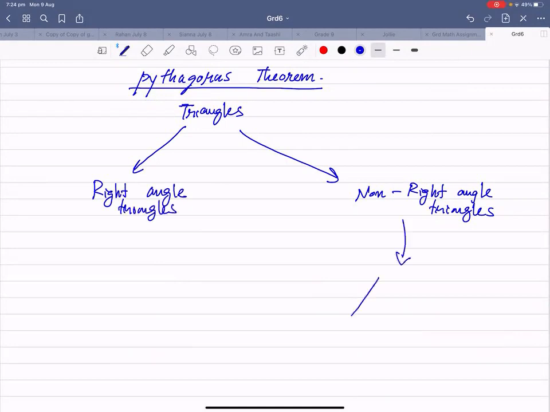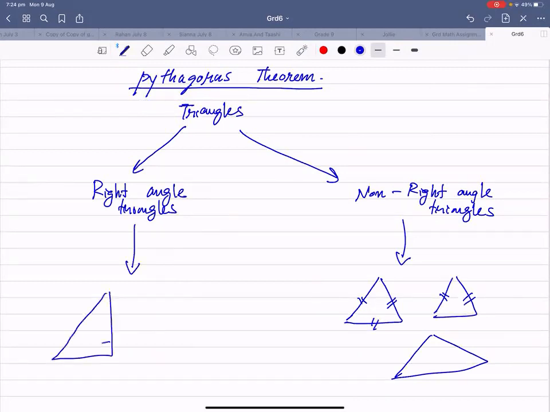Non-right angle triangles are like this. Can be equilateral, can be isosceles, can be anything else. Right angle triangles, they are like this. One angle should be 90 degrees. It can be like this too, but one should be 90 degrees.